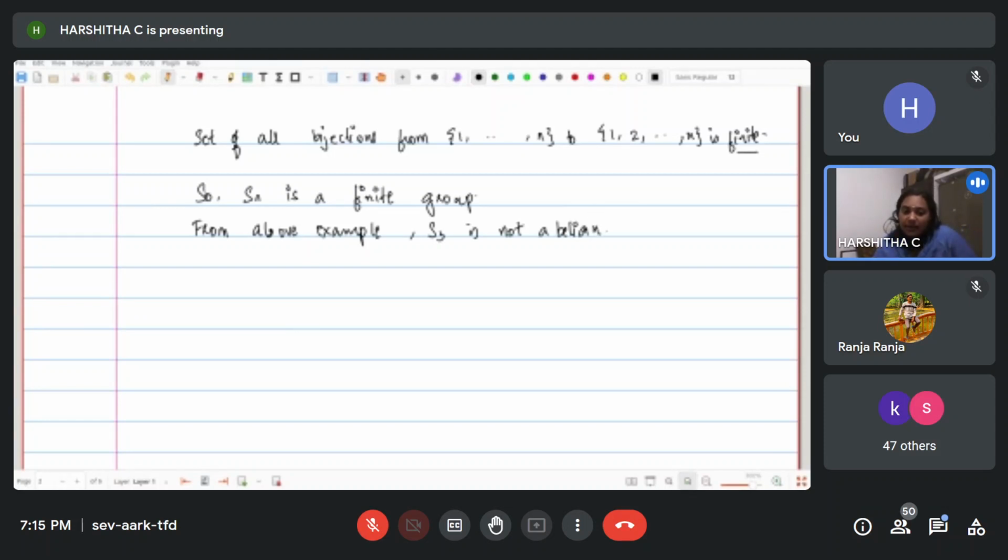Now using this example, can you say something about higher n's? Can you give a simple justification why for n greater than 3, Sn is non-abelian? You can unmute and speak if you wish.